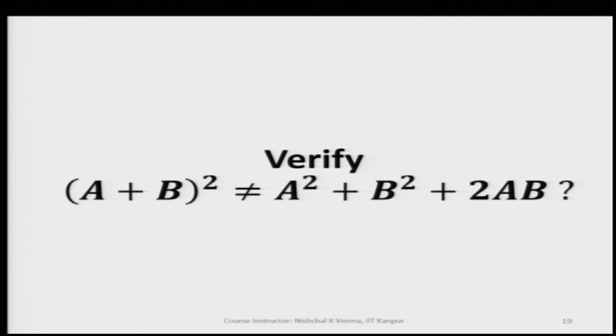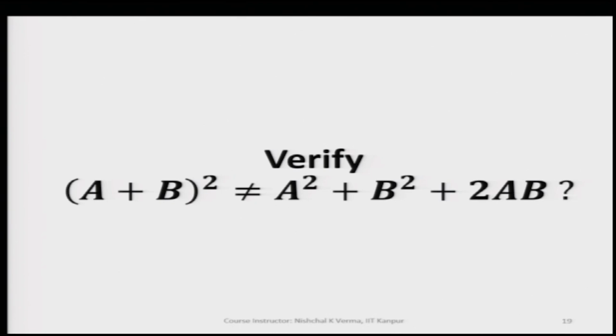So, let us take this example where we have (A plus B) whole square, and let us see that this is not equal to A square plus B square plus 2AB, as we have this true for the crisp numbers.